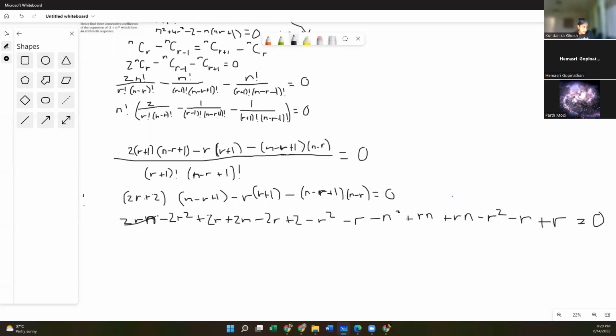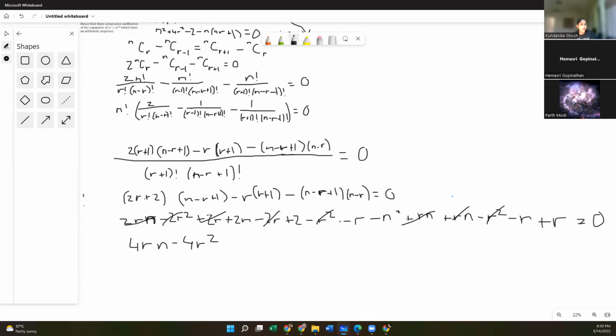Now we're going to combine like terms. We have 2rn. Any other instances of rn? Okay, so plus rn becomes 3rn, plus rn becomes 4rn. Minus 2r squared. Any other instances of r squared? That should become minus 4r squared, right? Because minus 2r minus r squared is minus 3r squared, minus r squared is minus 4r squared. And then plus 2r and minus 2r cancel.